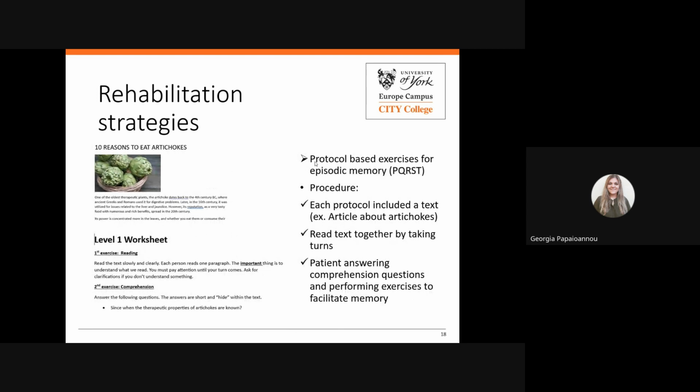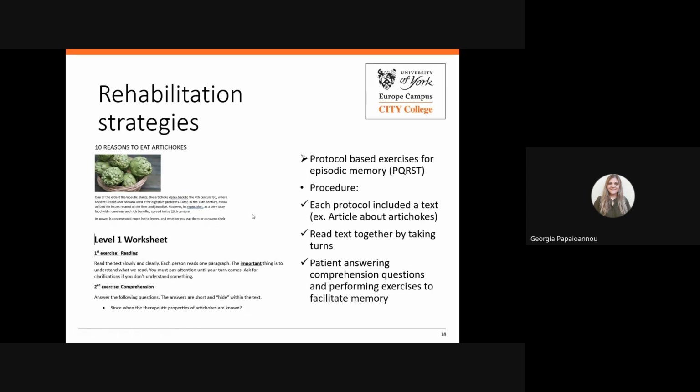Another protocol-based exercise has to do with the PQRST. For episodic memory, it was really helpful in this specific part. The procedure is that we give a text to the patient. In this specific exercise, we've given an article about artichokes, a longer one. I just have a small version here.